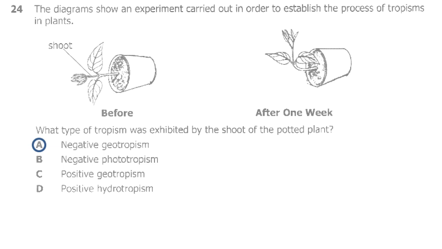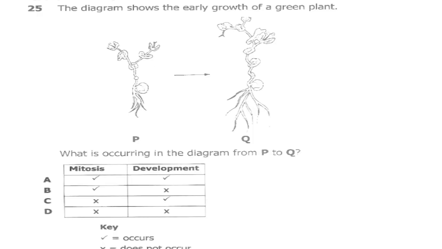Question number 25. The diagram shows the early growth of a green plant. What is occurring in the diagram from P to Q? We can see P and we can see Q. There is no change in the structure, but we can see growth happening, and the plant remains the same. So what is occurring?